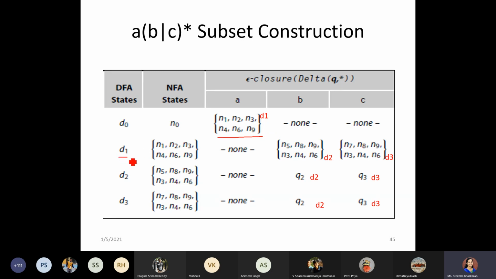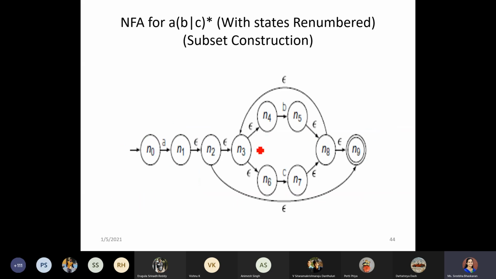So all these states are taken as a group, considering the epsilon closure of this group of states with respect to A, B, and C. From N1, N2, N3, N4, N6, N9 with respect to A, do we have any transition? We don't have any transition with respect to A, so it will be left out as an empty one.